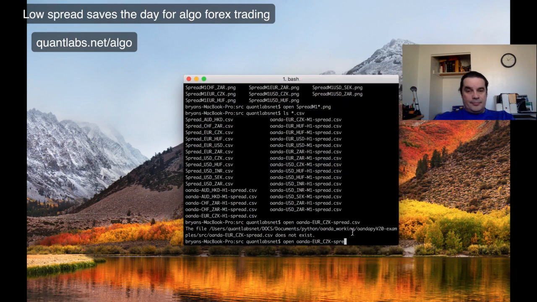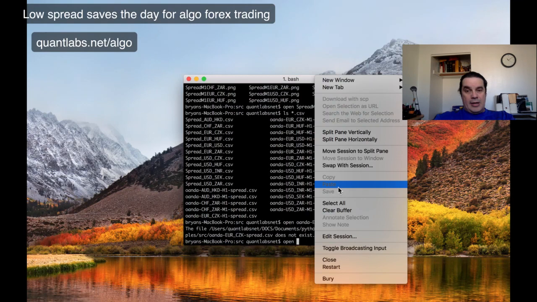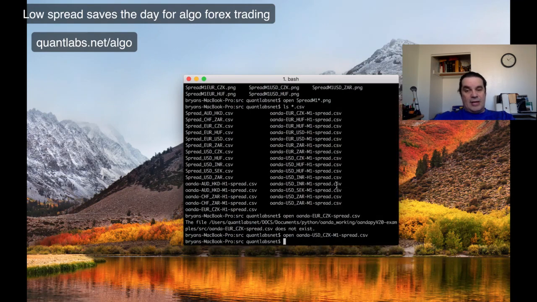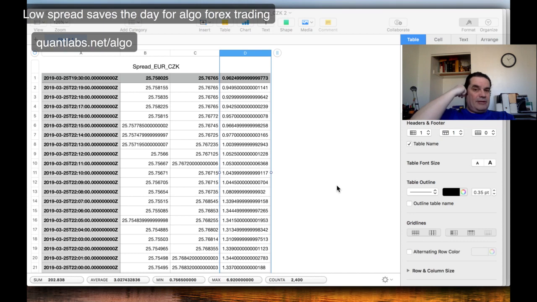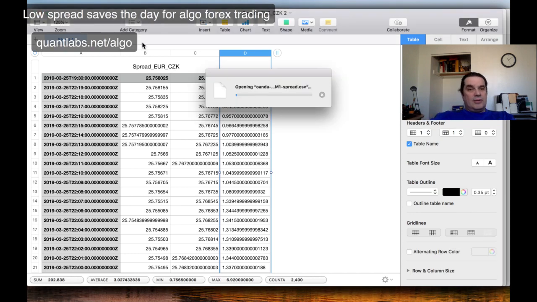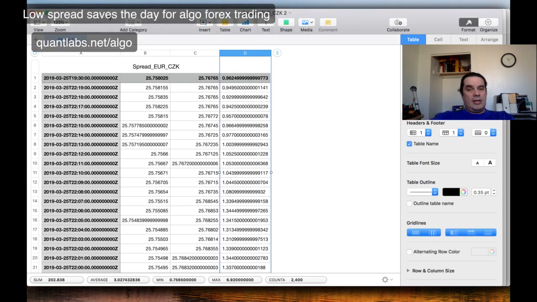Copy, paste. I'm real smart, eh? Anyways, that should do that. So it should open up the software we want, the spreadsheet software. Okay, so this is what this file will look like.